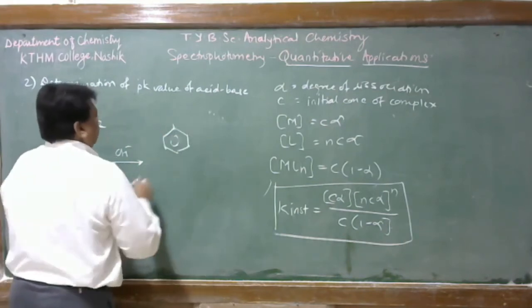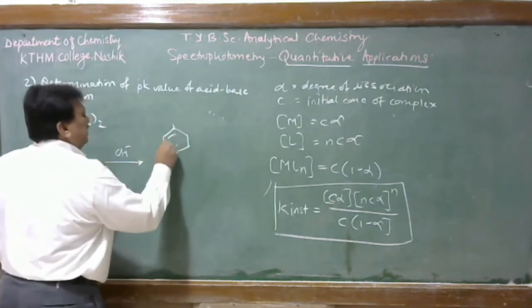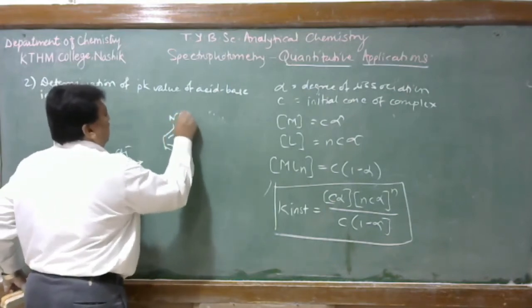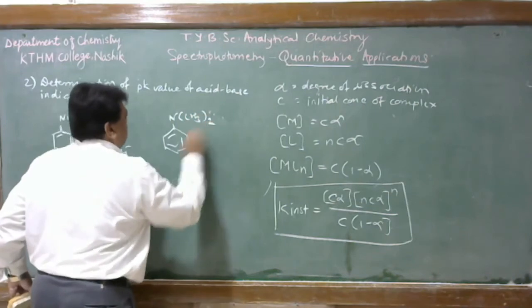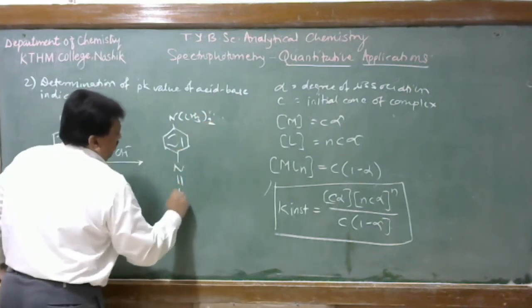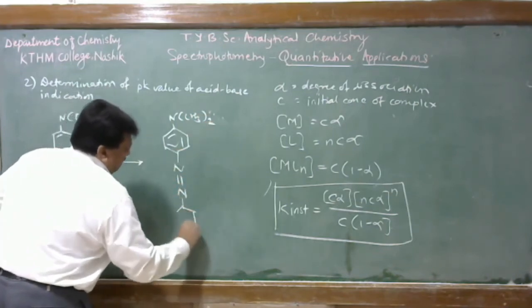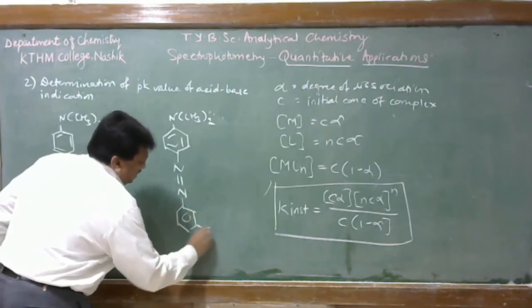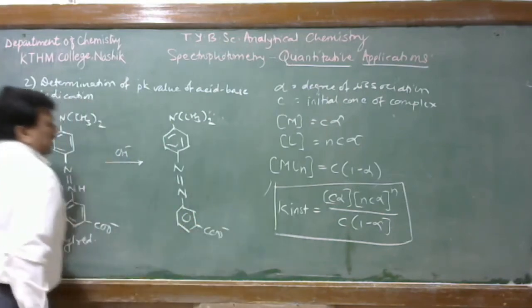Therefore, here is the same phenyl ring, N(CH3)2, here N double bond N, and this is a phenyl ring with this carboxylic group.